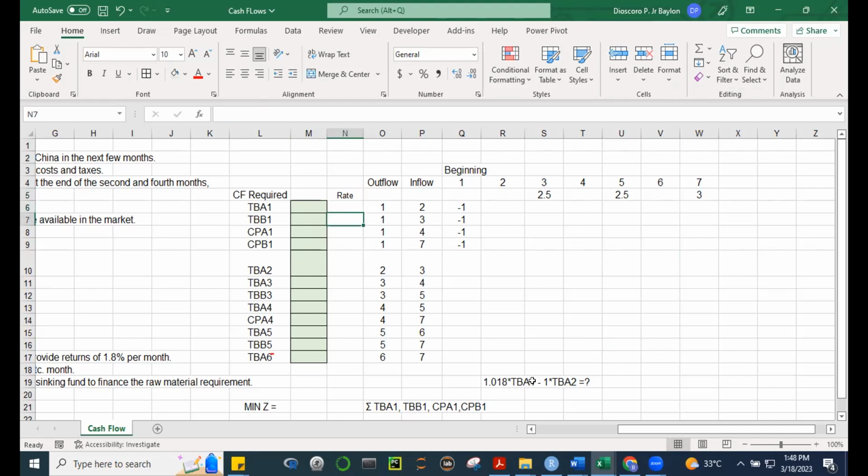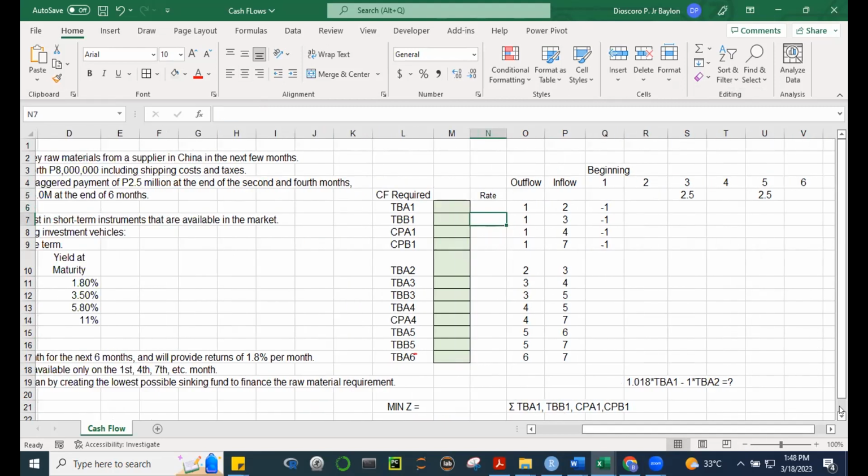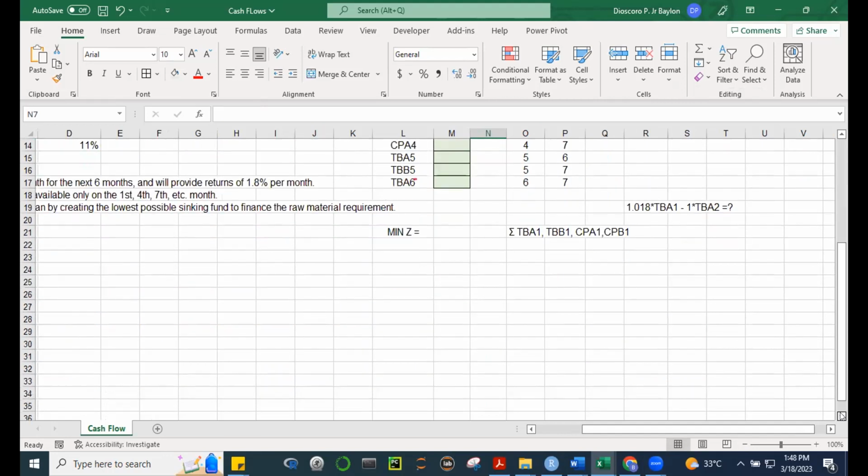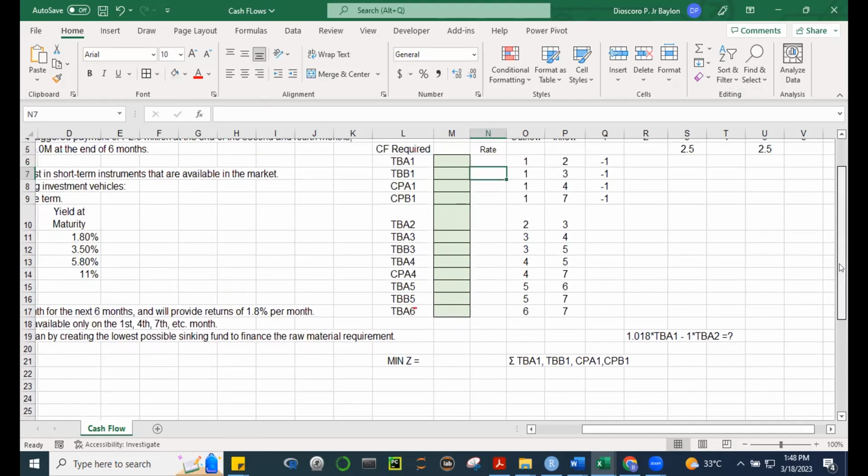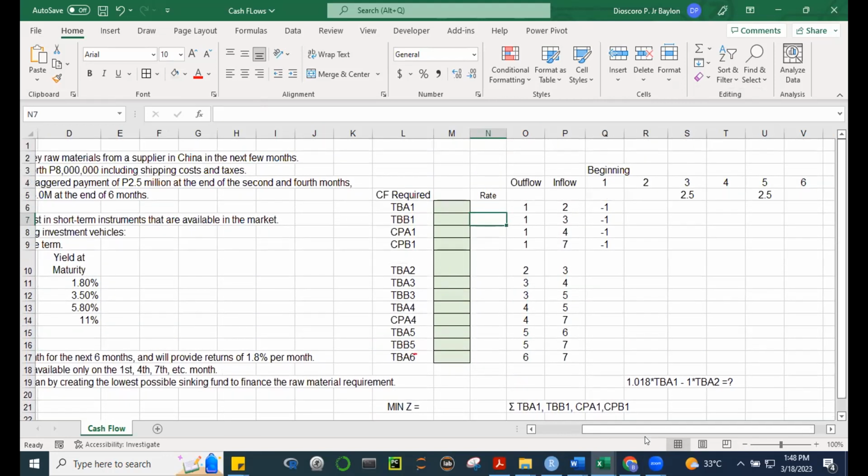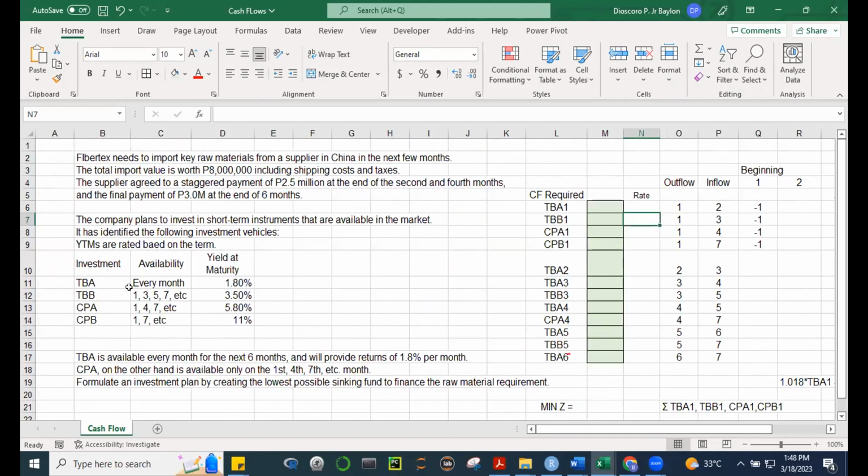What's our rate for TBA? It's 1.8%, right? This is 1.8. For TBB, it's 3.5%. Let me just copy that, CPA, CPB.